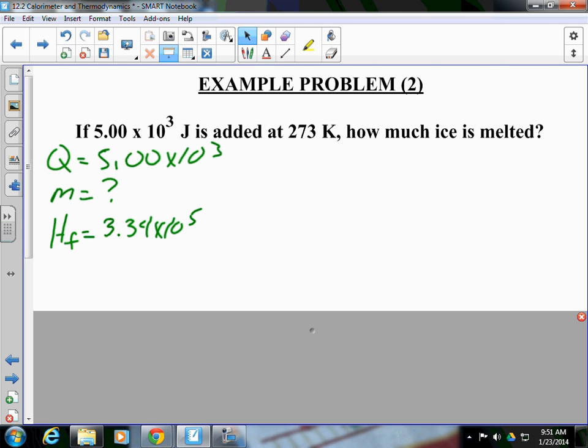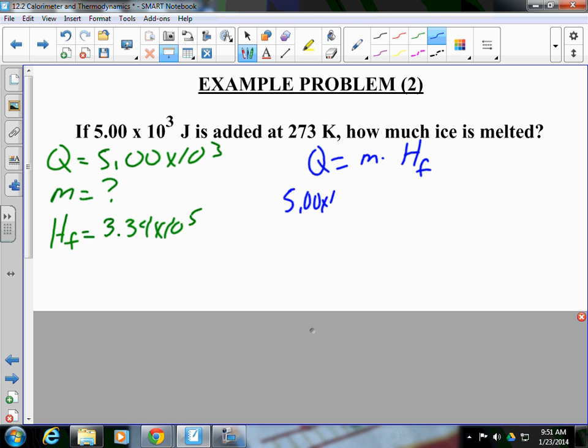So we go ahead and set this up. Q is equal to M times HF. Q, 5.00 times 10 to the third, is equal to M times HF, and HF is 3.34 times 10 to the fifth. We divide by 3.34 times 10 to the fifth.